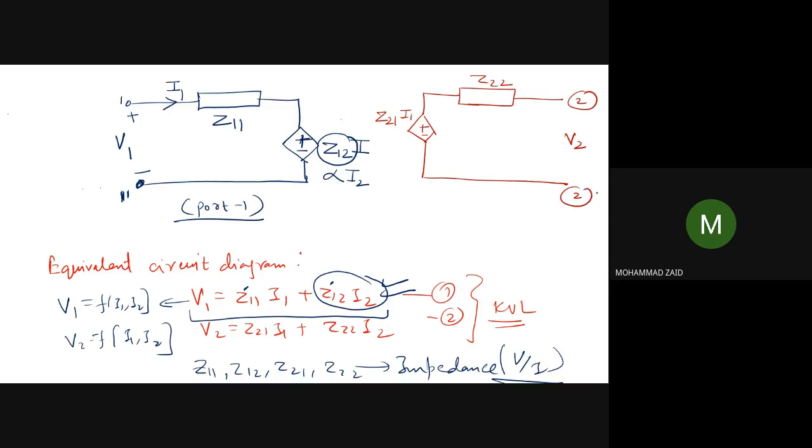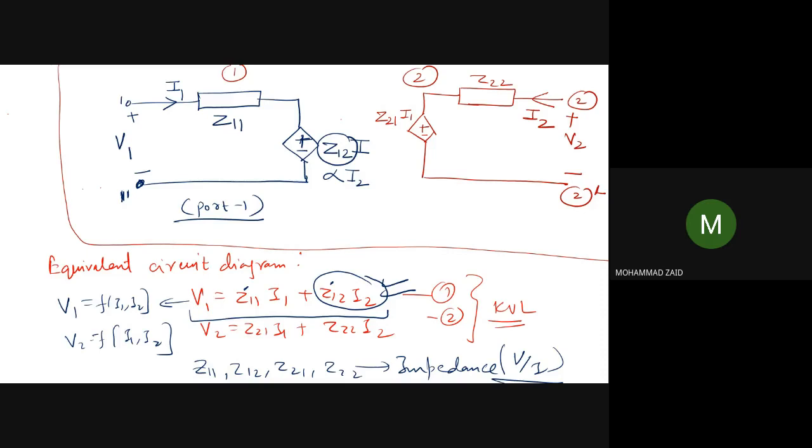This is 2 dash, this is plus, this is minus, and the current which is flowing here will be I2. So this is port 1 and this is port 2. All these equations are satisfied: V2 is equal to Z21 I1 plus Z22 I2. This is a complete diagram of our network.